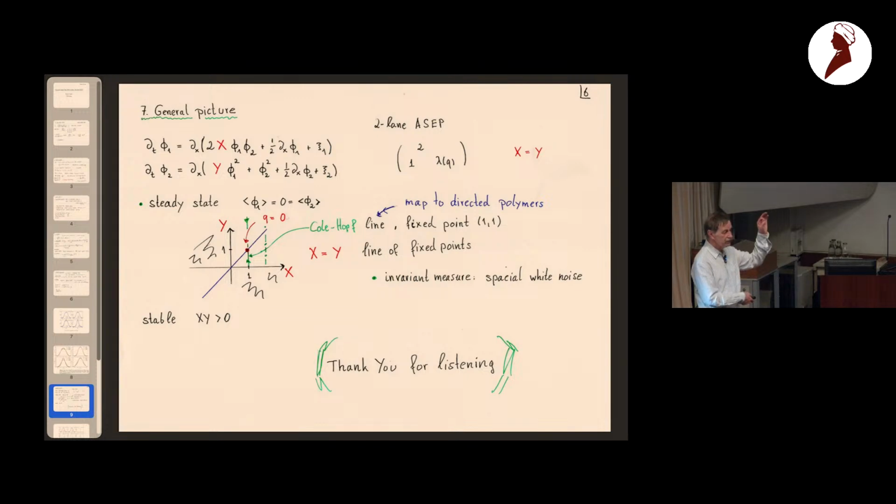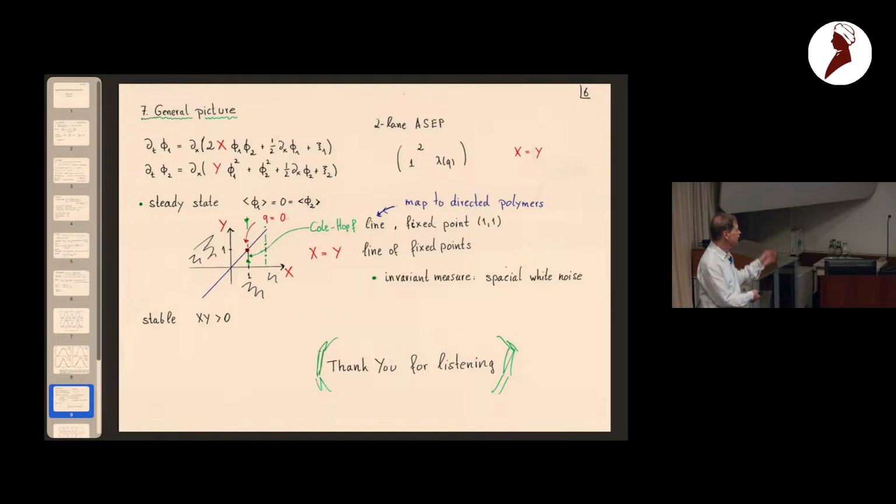Wherever you start, if you do the rescaling, you end up at some point on this diagonal. The question which remains, which of course is the most difficult question, is at what point you end up. I start here, and where do I go after rescaling? It's very safe to say that you go to the diagonal, but which point we don't know.